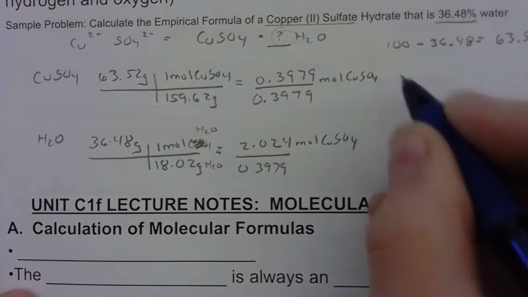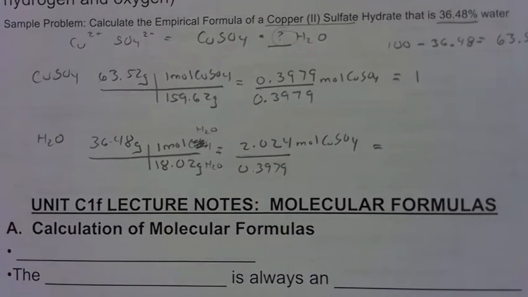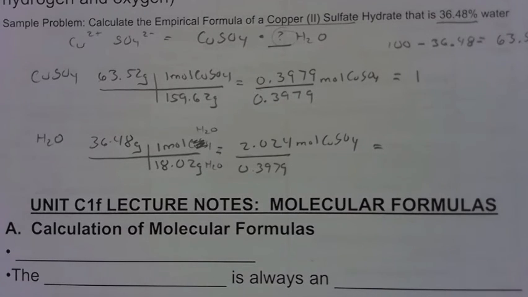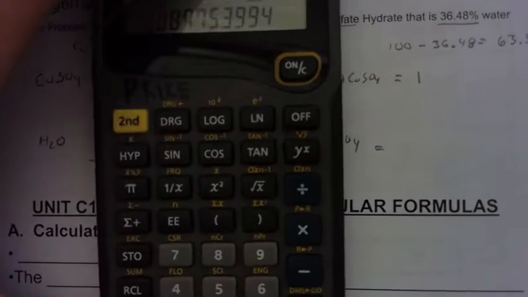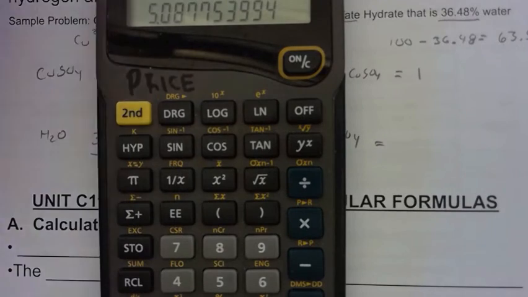That's obviously going to be 1 for the CuSO4. But on my calculator, when I take 2.024 divided by 0.3979, I get 5.08785, and so forth. And I round that off to the nearest whole number, which will be 5.